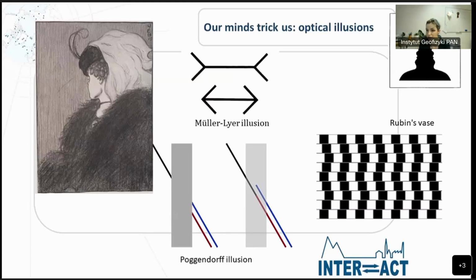So it appears like two parts of the line do not lie on a single straight line. And actually, this illusion is caused by the physiology of our visual system, of our sight, of this very important sense.